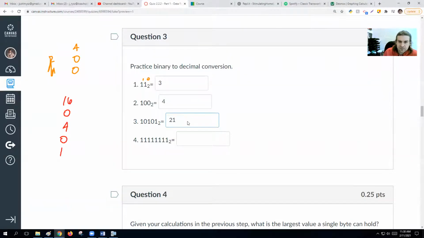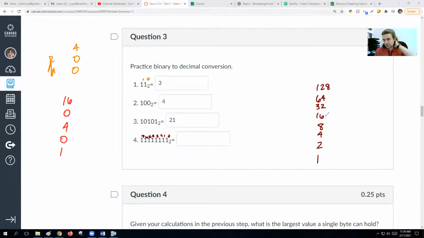And then what's this last one here? Oh man, all these 1s here. Let's see, we would have 1, 2, 4, 8. Oh man, I'm already losing track. 0, 1, 2, 3, 4, 5, 6, 7. All right, so what is that? 2 cubed is 8, 2 to the 4th is 16, to the 5th power is 32, to the 6th power is 64, to the 7th power is 128.